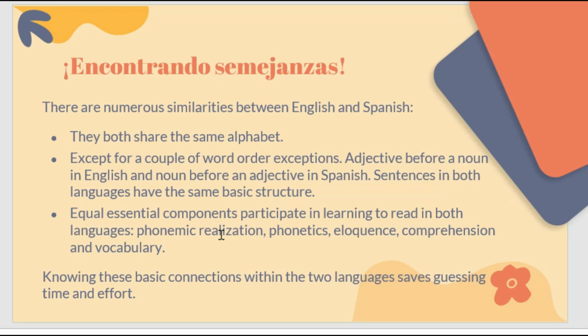Equal essential components participate in learning to read in both languages, such as phonemic realization, phonetics, eloquence, comprehension, and vocabulary. Knowing these basic connections within the two languages saves guessing, time, and effort.